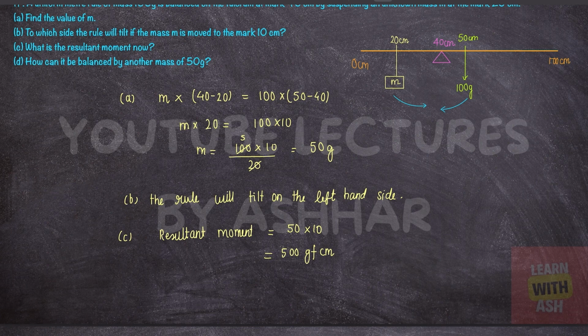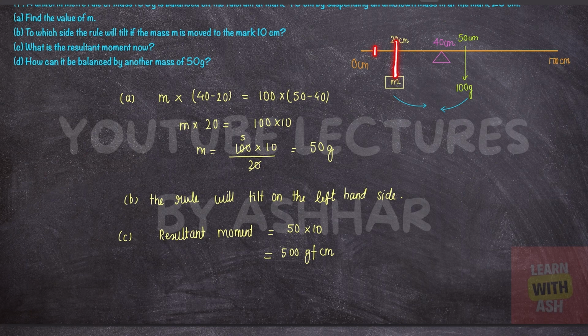Now it may come to your mind how we are multiplying it by 10. They are simply telling us to find out the resultant moment with respect to the previous arrangement. That means the previous arrangement was at 20 centimeter.